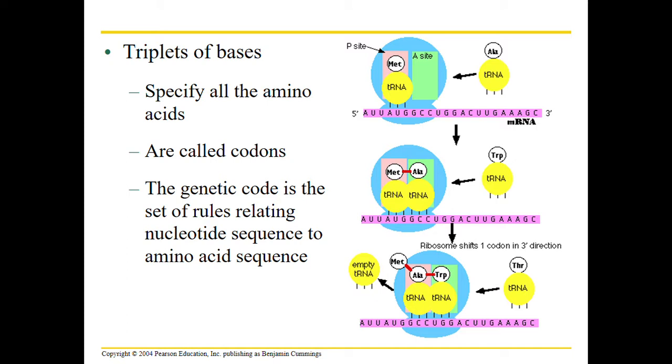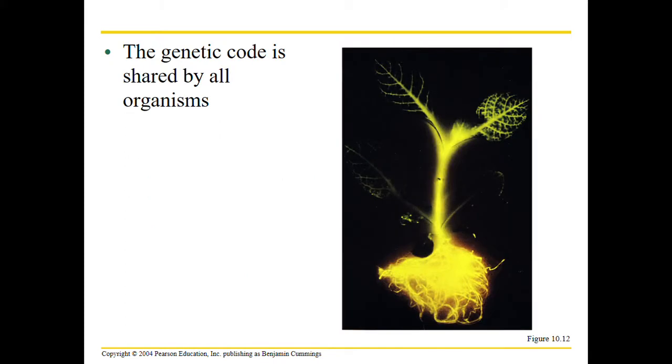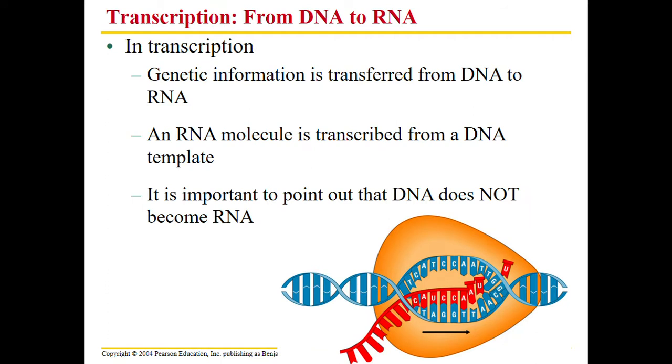A set of 3 in a row codes for a single amino acid, and those are called codons. That means we have enough codons to code for all 20 amino acids. This genetic code is shared by all organisms, so we are all technically related.